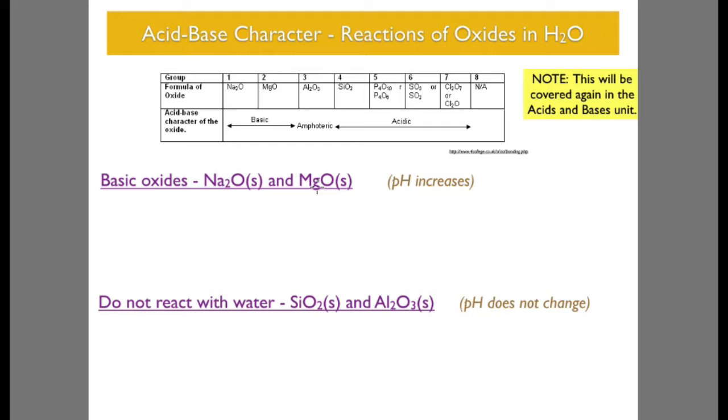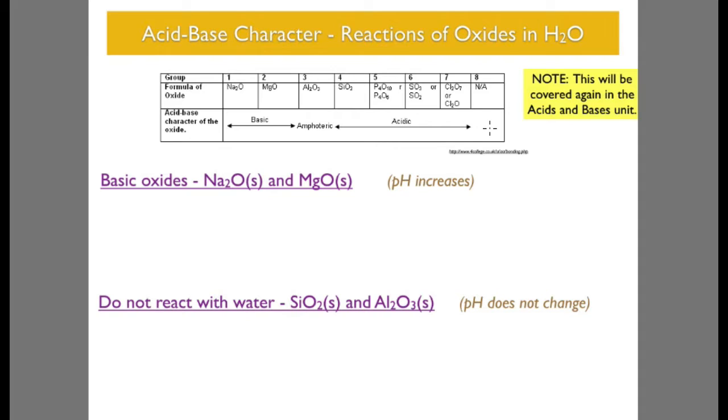This is another table. You can see we're going across the period from sodium all the way along to chlorine oxides here. You start off with the basic oxides, amphoteric in the middle and acidic, similar to the last table we showed you.